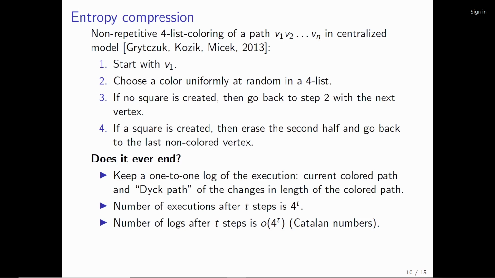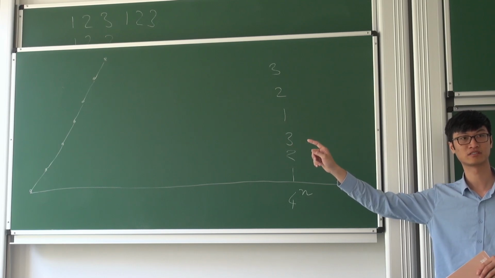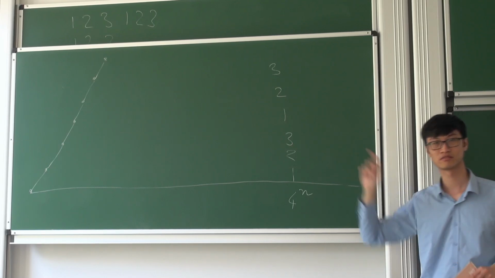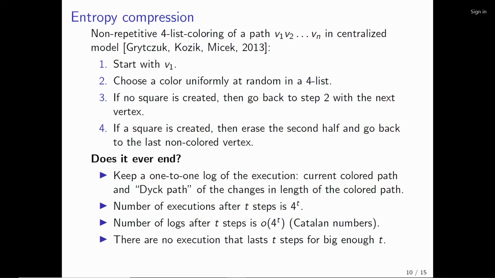Remember, this n is fixed, whereas this t can be very big. Yeah. So basically, at some point, there are no executions that can last that long, because we're encoding these executions with these logs that are one-to-one mappings. Okay? So this is just some clever counting tricks to show that this algorithm must end at some point.